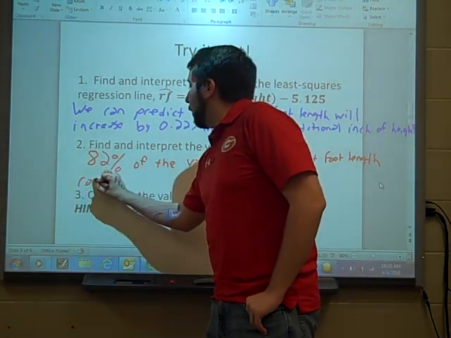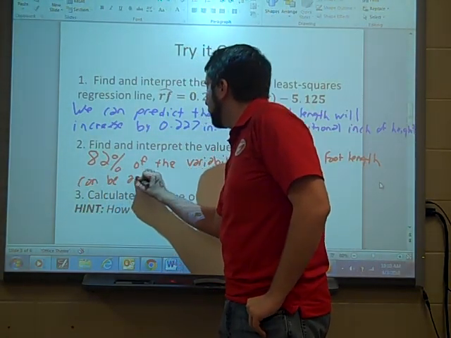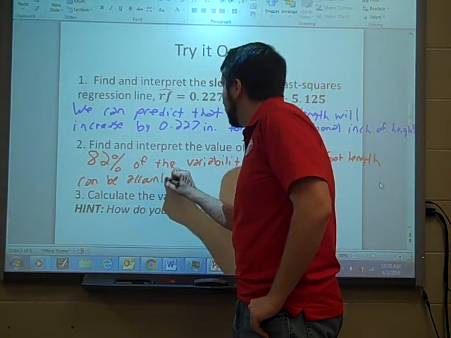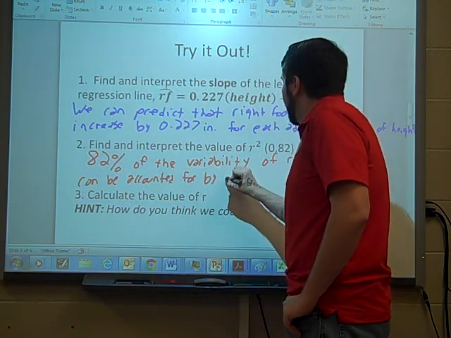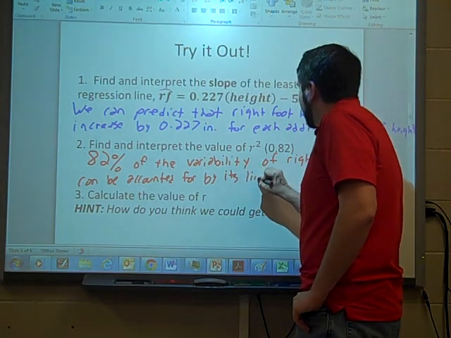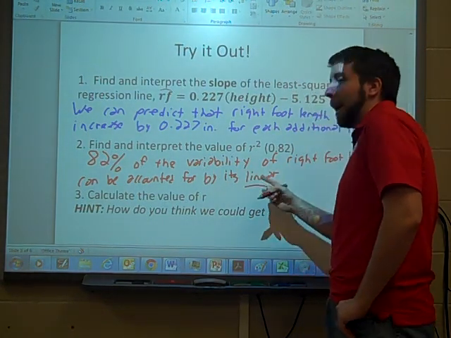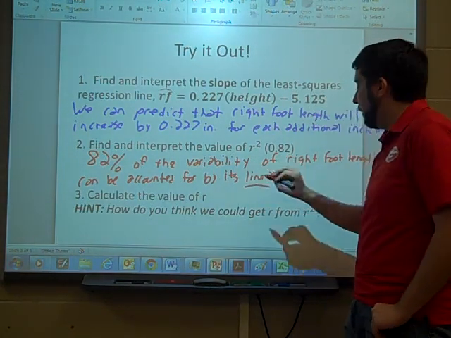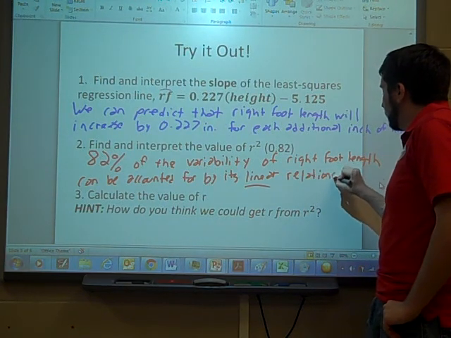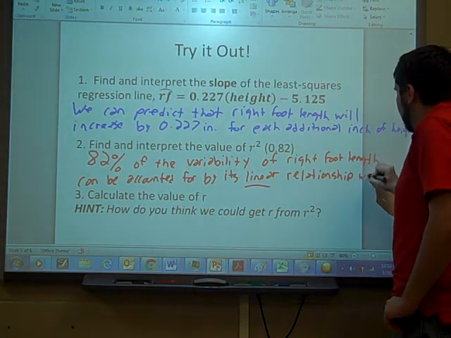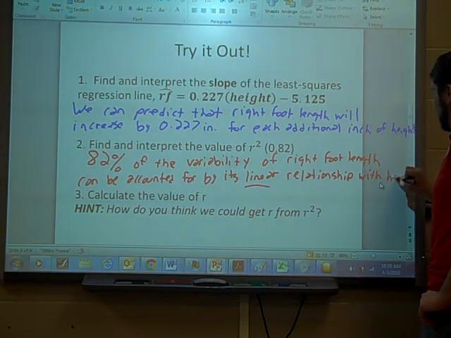can be accounted for by its linear relationship with height. It's important. Remember, R has to be linear, right? So does R squared. Again, that's sum of squares.